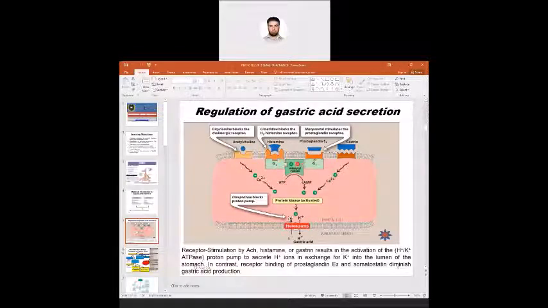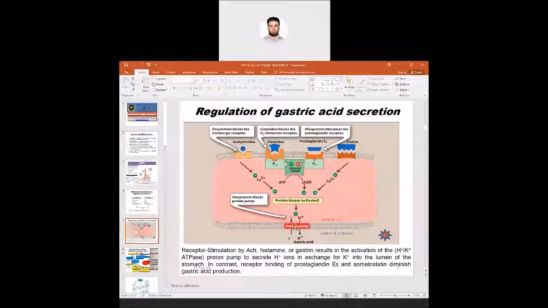So other than acetylcholine, the acetylcholine receptor here is the muscarinic M1 receptor. Next is the histaminic receptor, to which histamine can bind and can stimulate. The type of histamine receptor is the H2 receptor, at which histamine receptor antagonists or blockers can act to reduce or decrease gastric acid production.